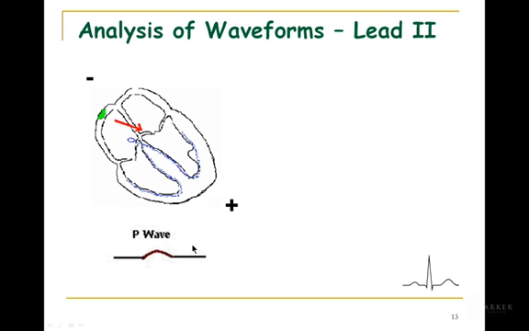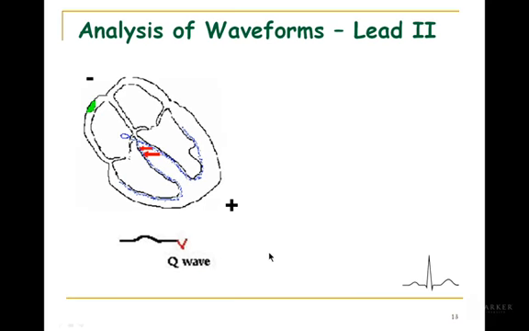Because of the lesser muscle mass, as well as the fact that the atria take longer to depolarize than the ventricles, that P wave's a little bit wider than if you compare it to the QRS complex. So the P wave is smaller in amplitude than the QRS complex because it has less muscle mass, as well as it takes longer to depolarize. That's why it's a little bit wider. It's upwards deflected because the average direction of current flow is running towards the positive recording electrode.